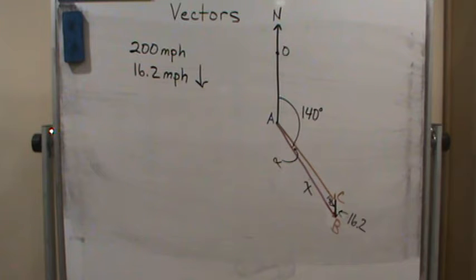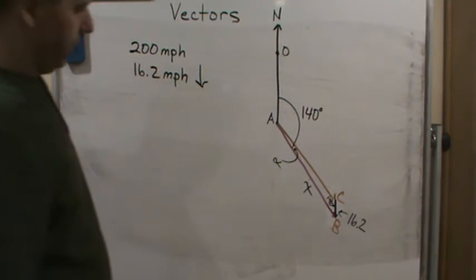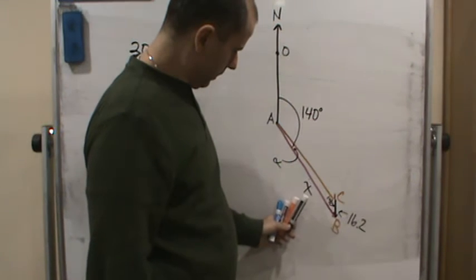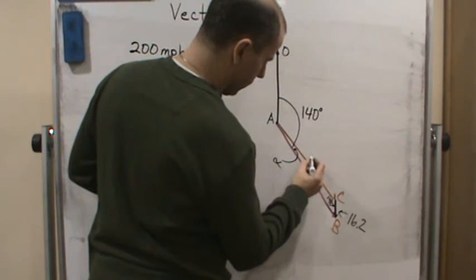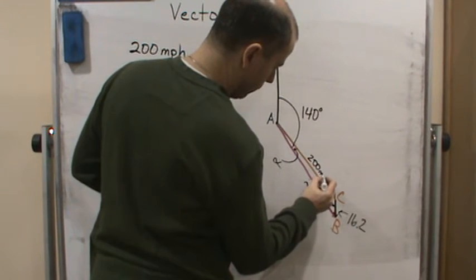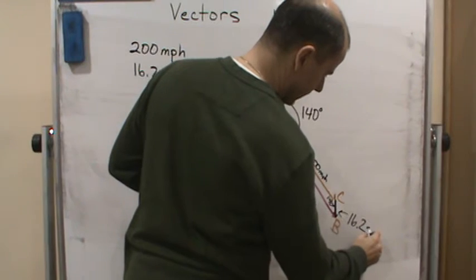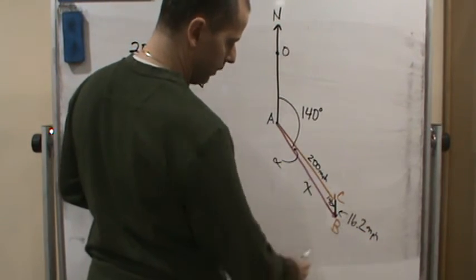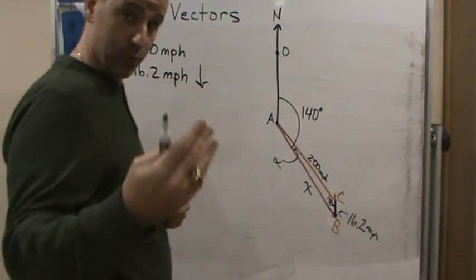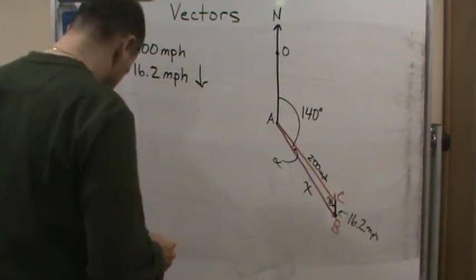Okay, so now we can use the law of cosines to find this one, because we know this one is going 200 miles per hour, and this is 16.2 miles per hour. We know the magnitude of this vector, right? So here's real-world speeds.